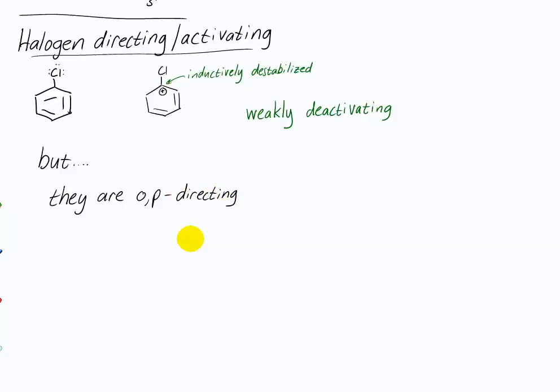And that's because they still have lone pairs. Even though the resonance isn't a real strong contributor, it does in fact lead to a slight difference in charge around the ring.